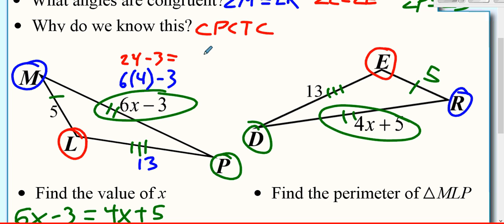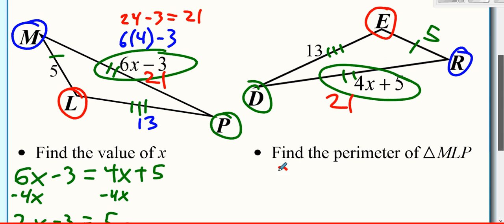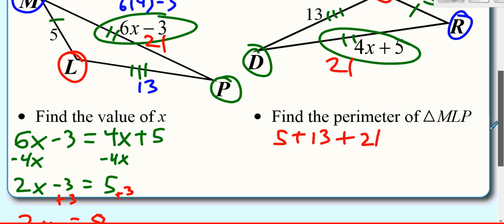Minus 3 is 21. So both of these sides equal 21. And then perimeter is just add up all the sides. 5 plus 13 plus, we just found this side was 21. So that's 18 plus 21 is 39.